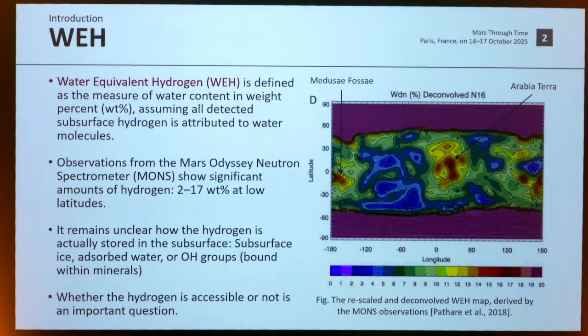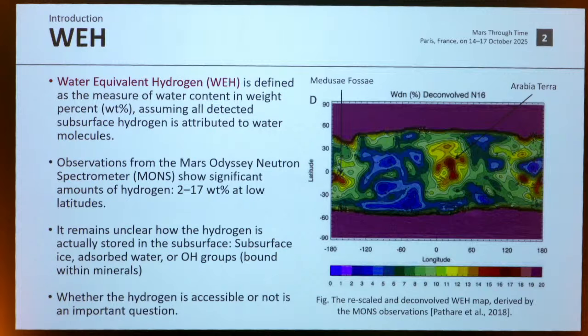It's defined as a measure of water content in weight %, assuming all detected subsurface hydrogen is attributed to water molecules. The figure on the right shows the water equivalent hydrogen map derived by the Mars Odyssey neutron spectrometer.